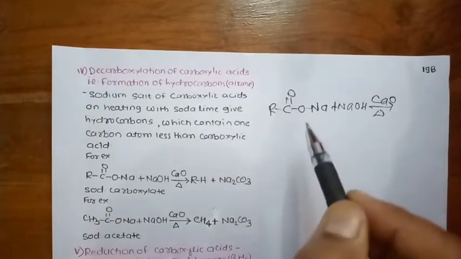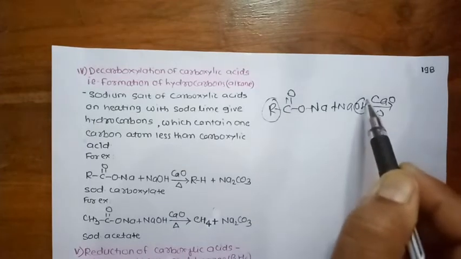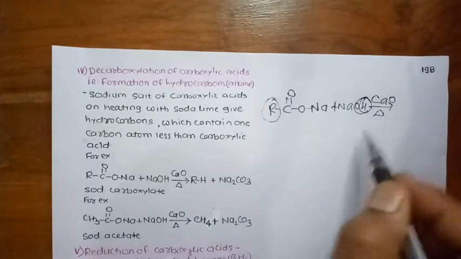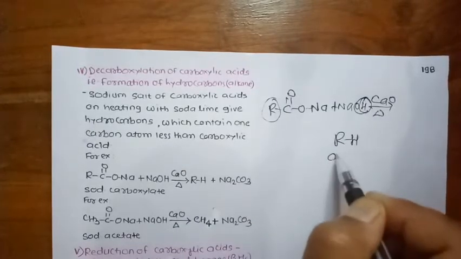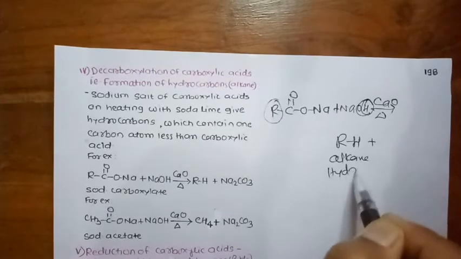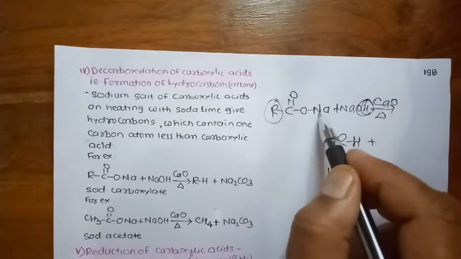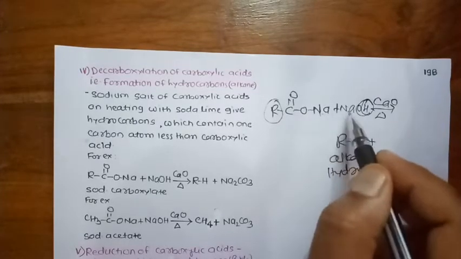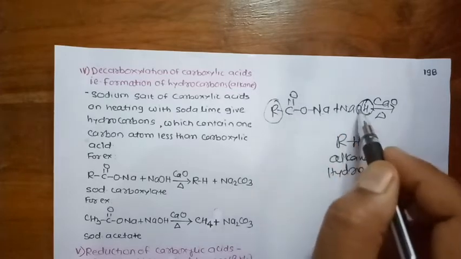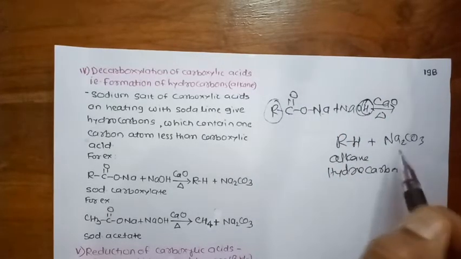hydrocarbon. Here this alkyl group combines with this H and it gives R-H, which is the formula of an alkane, or we can say a hydrocarbon, plus the remaining part, that is the 2 Na, Na2C, and these 3 oxygen atoms combine, and formation of Na2CO3 takes place here.